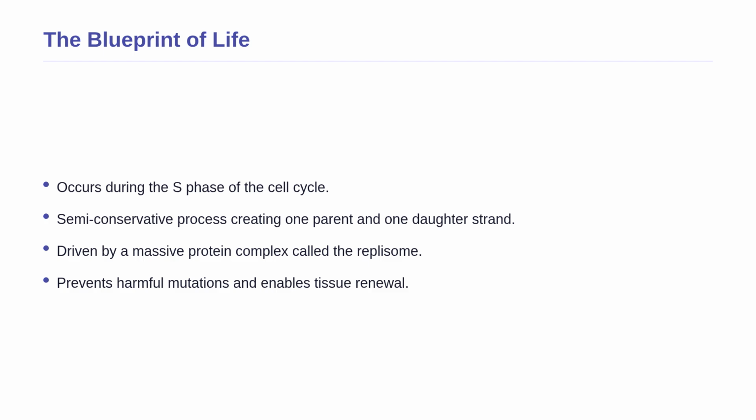This massive undertaking is handled by a molecular machine called the replisome. Understanding this is crucial because without perfect replication, our bodies could not heal wounds, and errors in this process can lead to severe diseases like cancer.